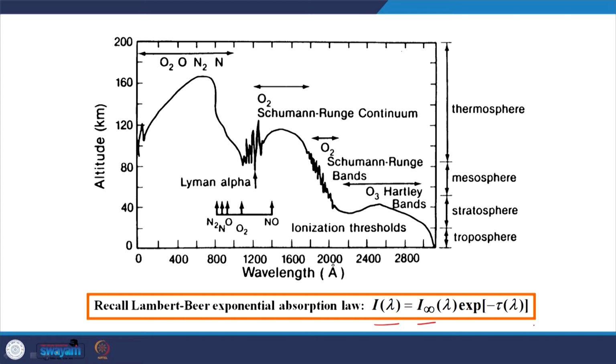Right. Now, if you see, this curve shows where exactly the radiation is absorbed and by which species the radiation is absorbed. For example, you take the altitude on the y1 axis and on the y2 axis you have the respective layer of atmosphere for reference.